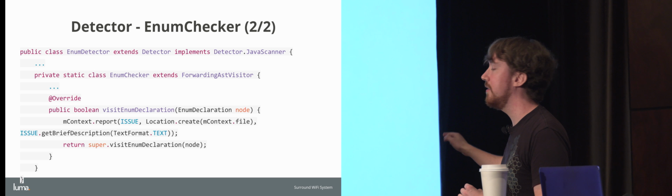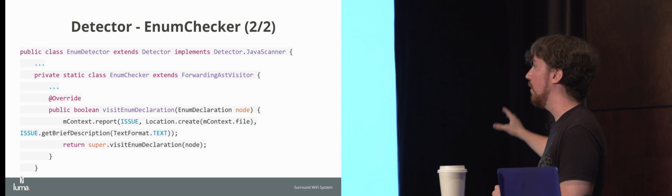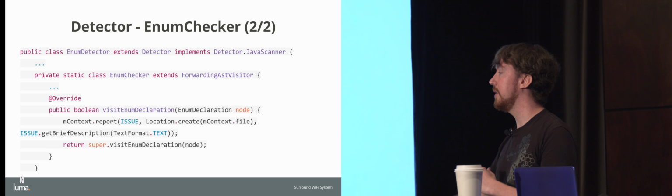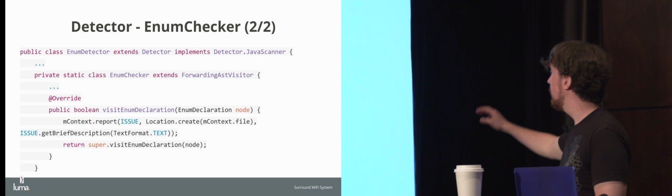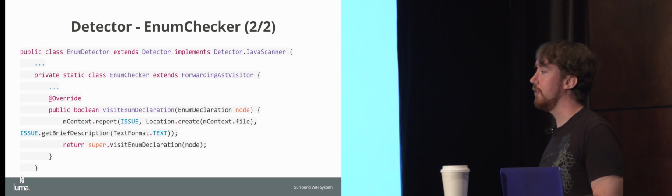Here, I'm passing in just the file as a whole. So it's like I found it in this file, which is probably enough for looking for enums. But you could be more specific with that location by giving line numbers or even multiple line numbers if you so chose. And we also give a brief description, which I just copy over from my issue description that we defined previously. So we give the issue, we give where we found it, and we give a short description.